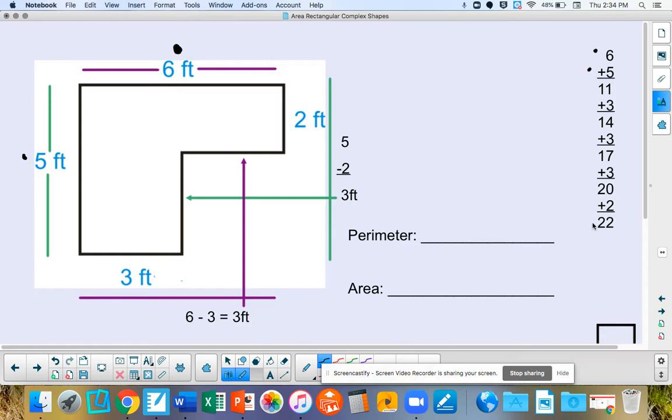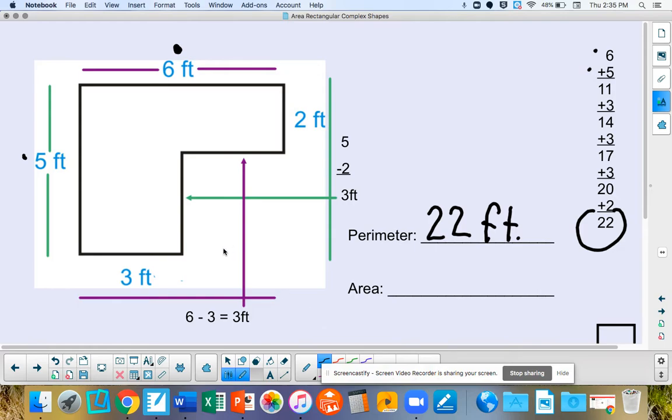After you add all of your numbers together, your answer that you get is going to be your perimeter. So our perimeter here is 22. The label, since this is only one dimension, it's a straight line, our label is just feet, or whatever unit the measurement was in. So our answer for perimeter is 22 feet.